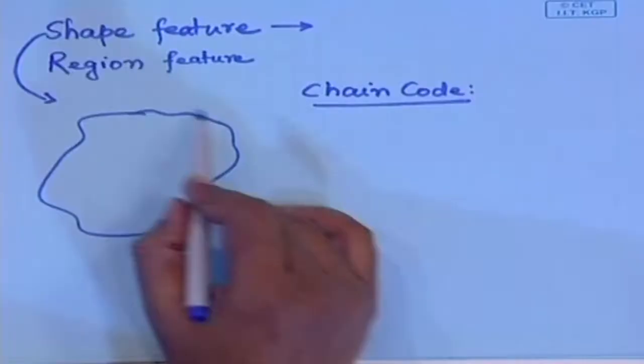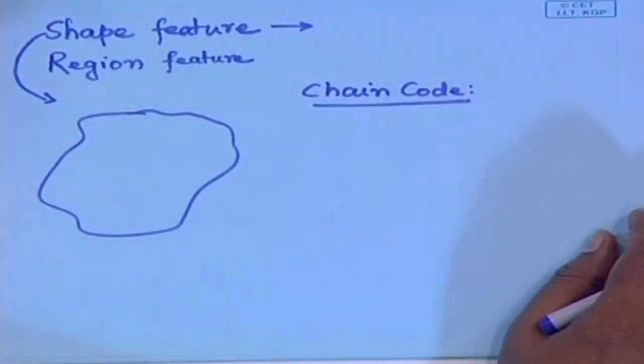So I can represent this boundary by linear segments of some specified length and specified direction. If I represent this boundary by a sequence of linear segments of specified length and specified direction, that is what is called a chain code. Is that okay?